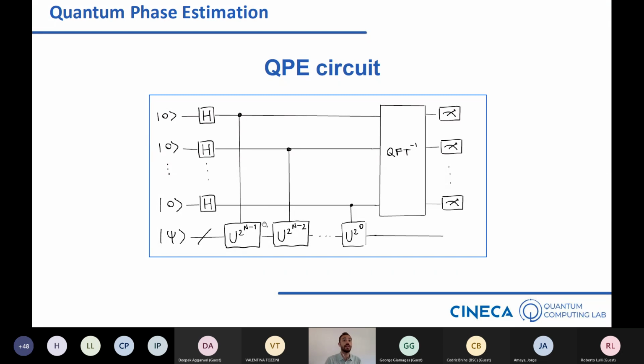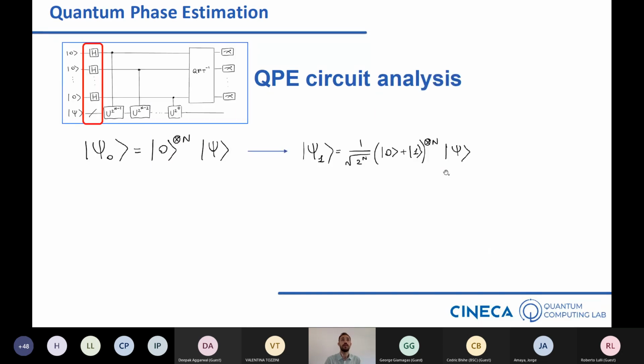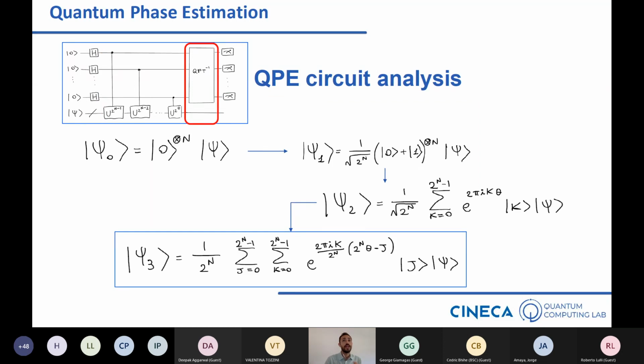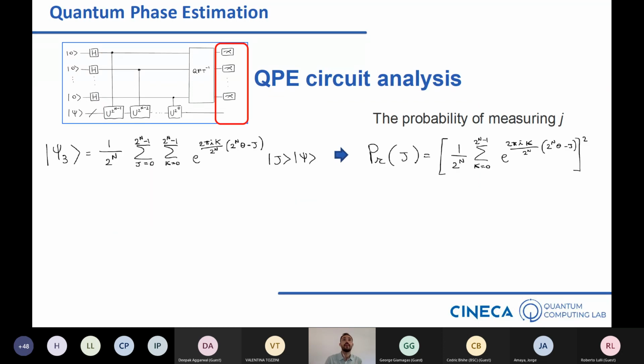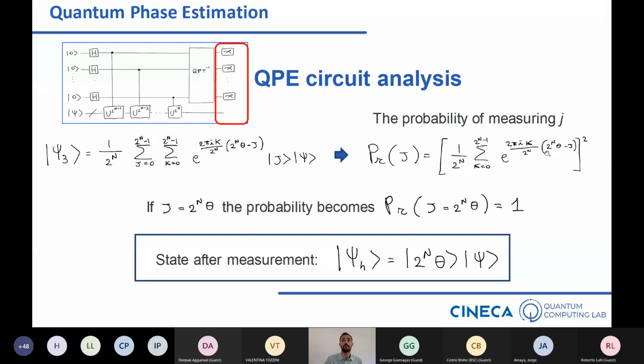We repeatedly apply this controlled U, and then the inverse quantum Fourier transform. Then we measure and look at the probability. We see that the probability of getting an output that is exactly the binary form of theta is 1.